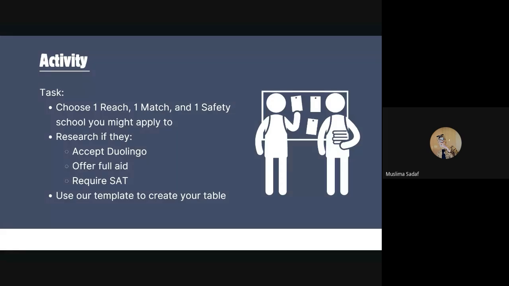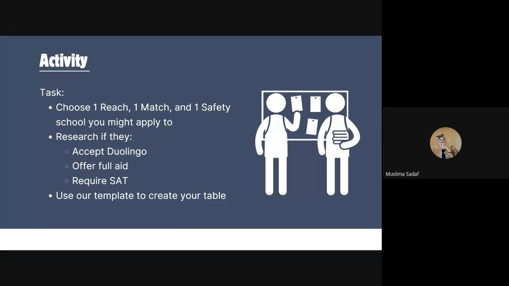The TOEFL score should be minimum 100, for IELTS minimum 7, and for Duolingo 125. They require the SAT test as well, with scores of 1500 to 1570.